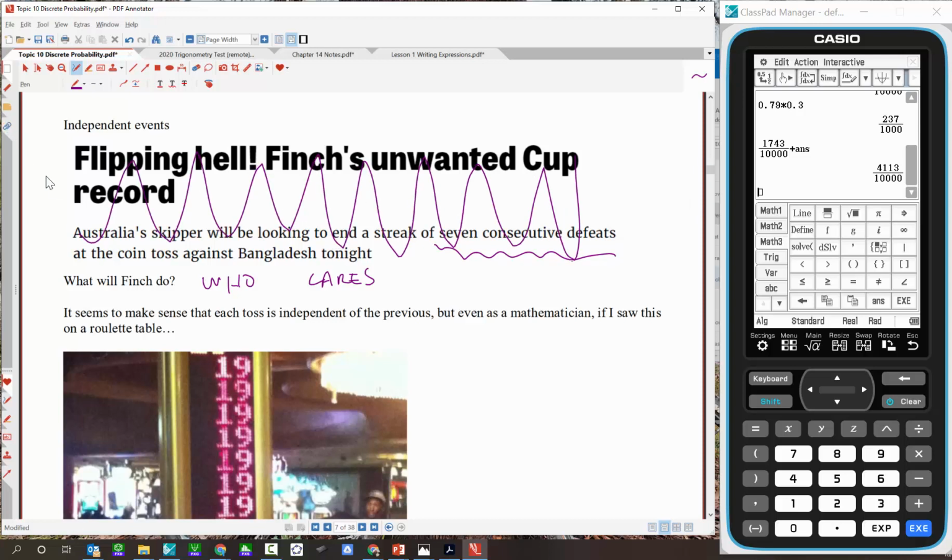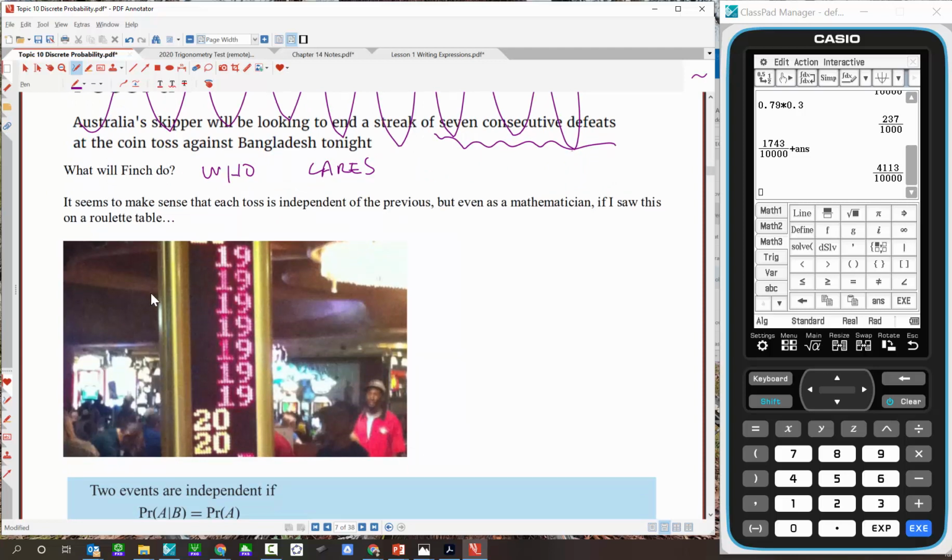And even though we know that each toss is independent of the last, in roulette, this is the results of one particular table that I saw on the internet, where the roulette wheel came up with 19, not once, twice, 3, 4, 5, 6, 7 times in a row. Red 19 came up 7 times in a row, followed by 2 lots of the 20.